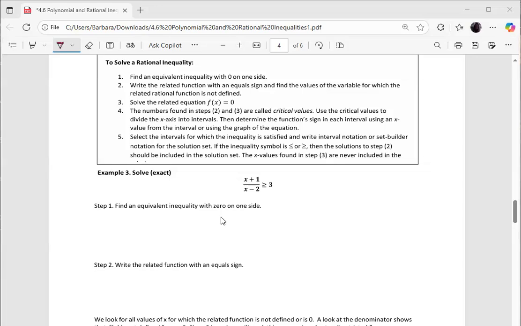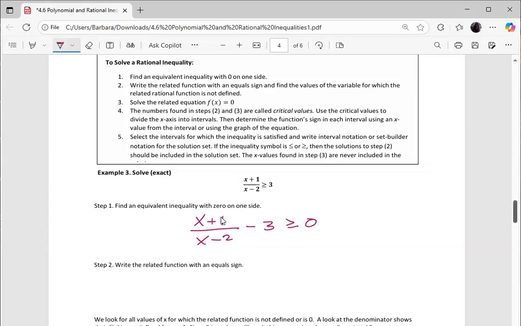And that is x plus 1 over x minus 2, we're going to subtract 3, and that's greater than or equal to 0.